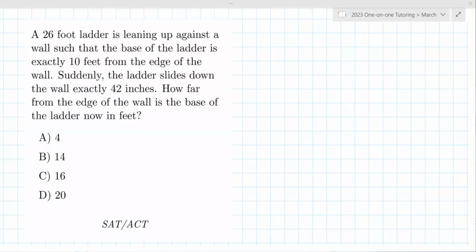The answer is 14 feet. Yeah, it's either B or D here.